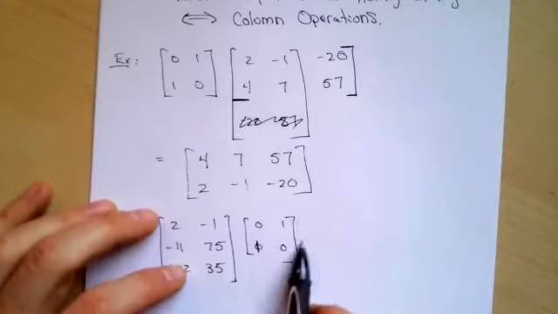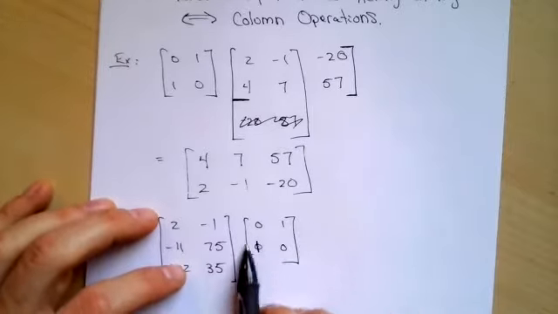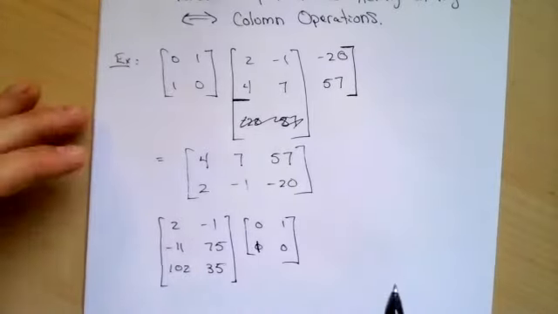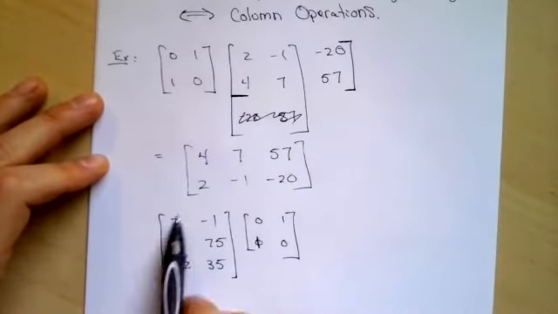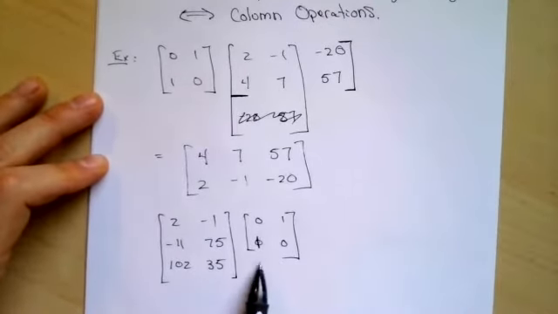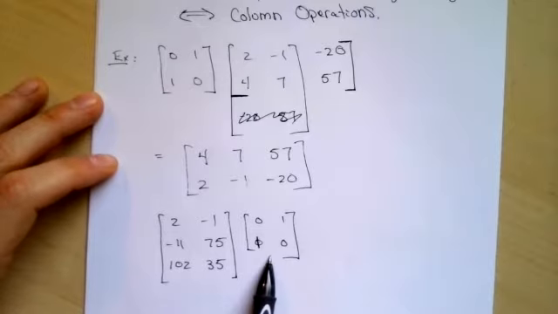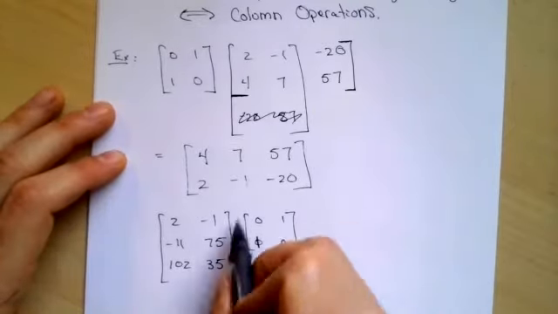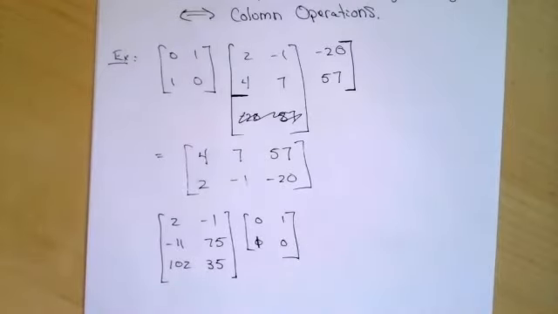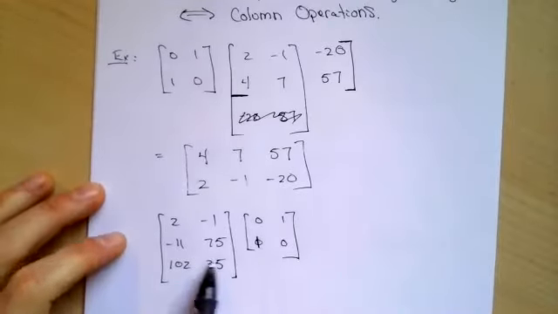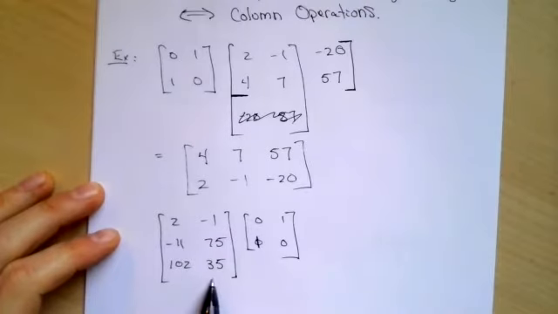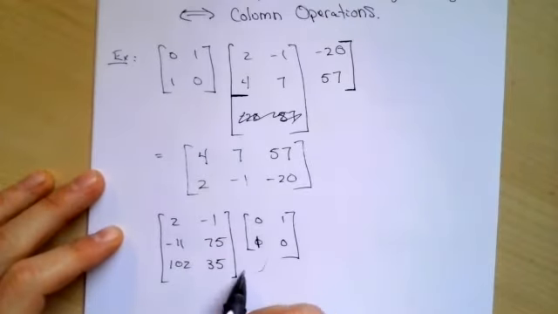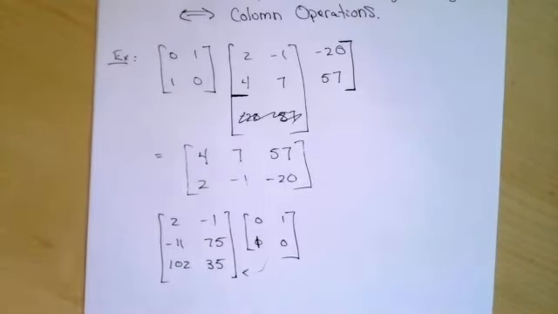Whereas now we have this matrix on the right, so you can interpret this product in two ways. We can interpret it as this matrix acting on the right matrix, or since this is an elementary matrix obtained from the identity, we can think of the left matrix as being fixed, and this one acting on the right.